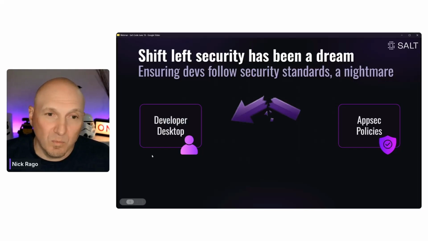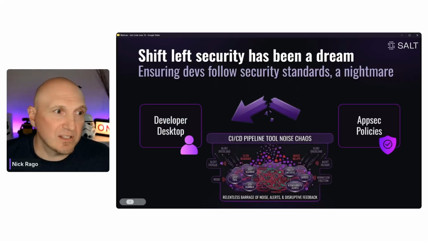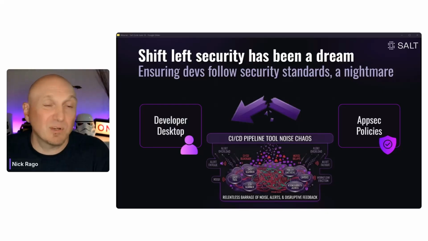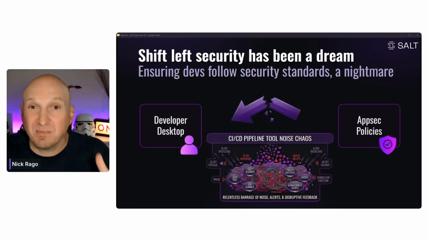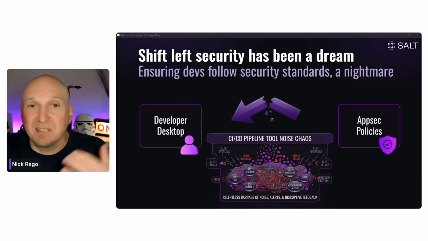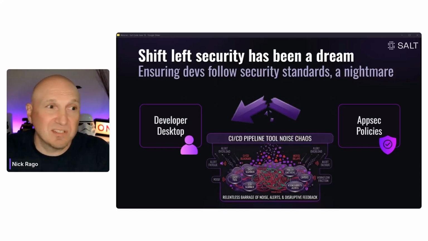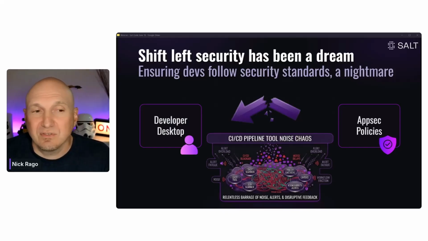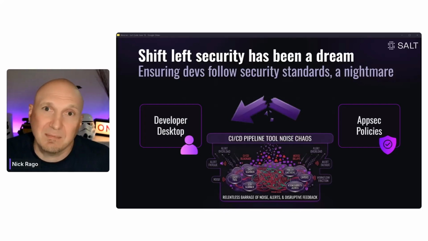So what did we do from an application security standpoint? We started to say, okay, you know what? We're going to build a pipeline. We're going to jam as much as we can into the pipeline because from an application security standpoint, we control it. And then what was the result of that? This is sort of the current state of the world right now. And it's no surprise we have a bit of abrasiveness and friction, traditionally, between developers and application security because there's a lot of noise in the pipeline right now.